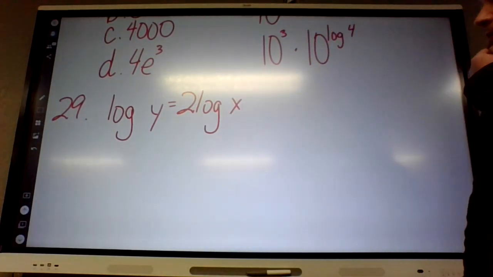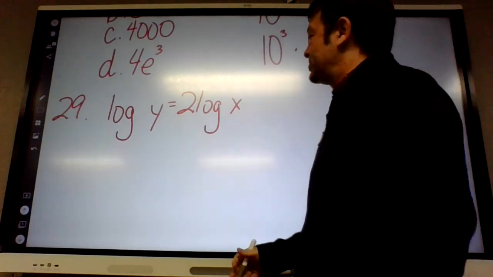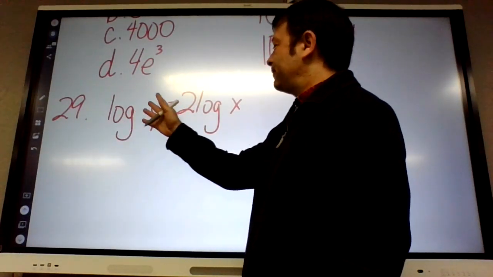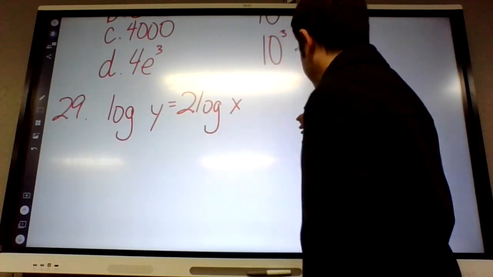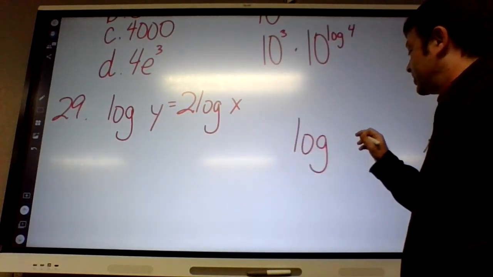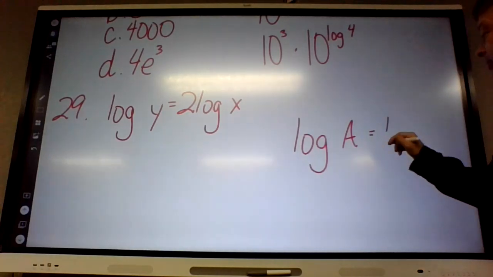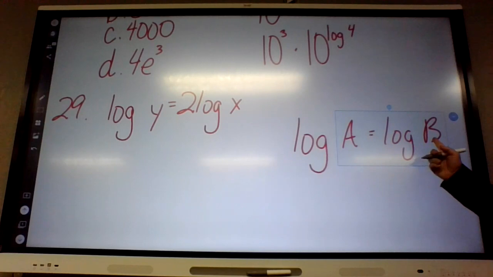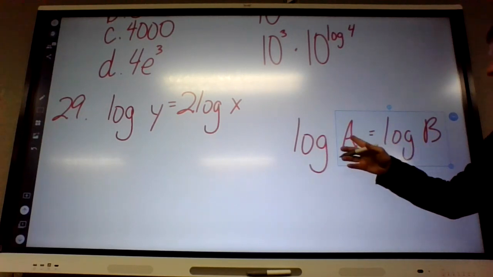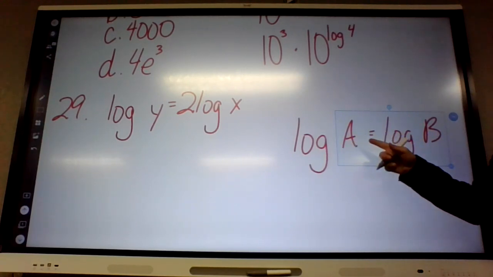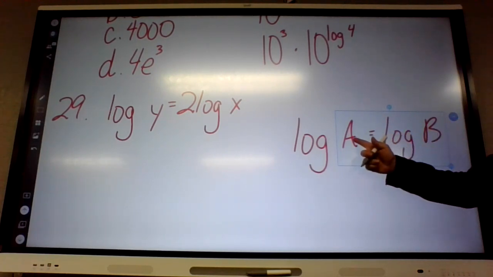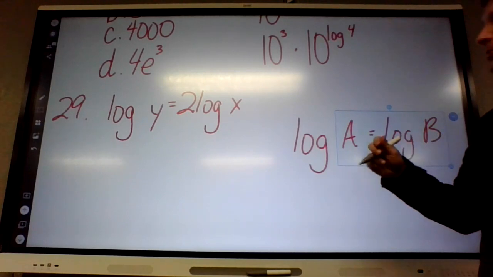Okay, so on this section, the rule is, if you have log of A equals log of B, then A and B would have to be equal, right? Because it's like 10 to the something equals A, 10 to the something equals B. For these to be equal, A and B would have to be equal.